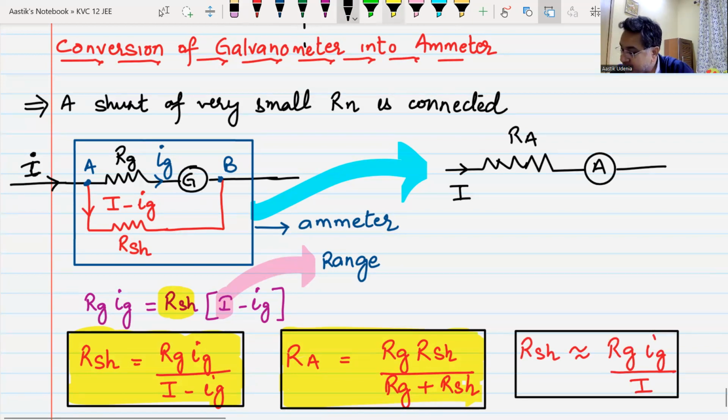Yes, sir. Because Ig is very, very small, you can neglect it, and this becomes your shortcut way of getting the R shunt. Now I'll give you 2 minutes to note down this stuff. Let me know once you are done.